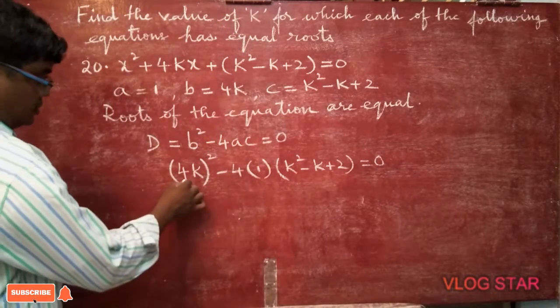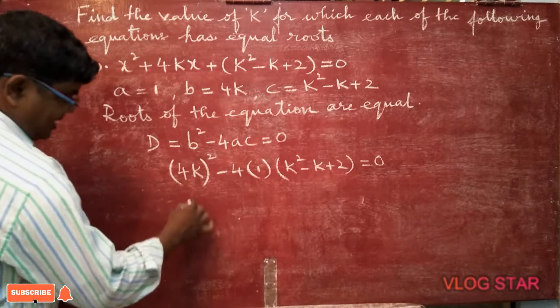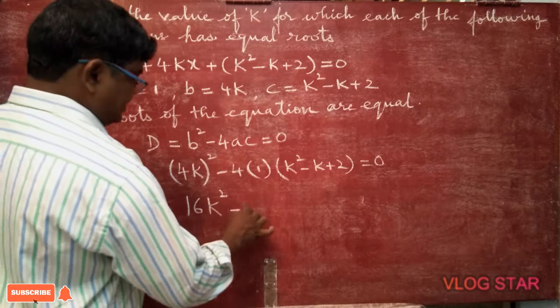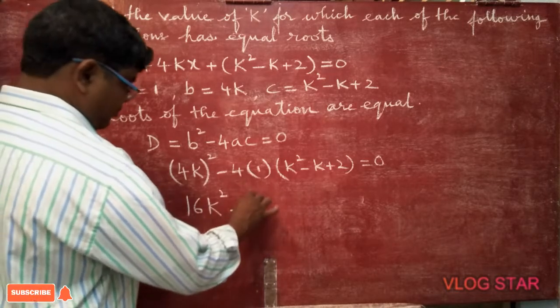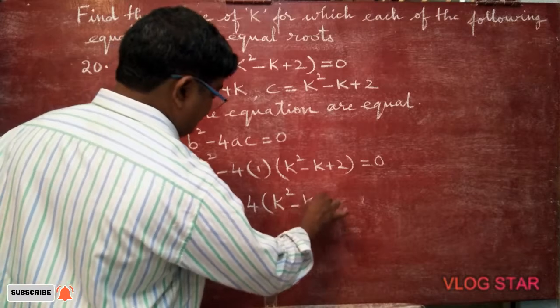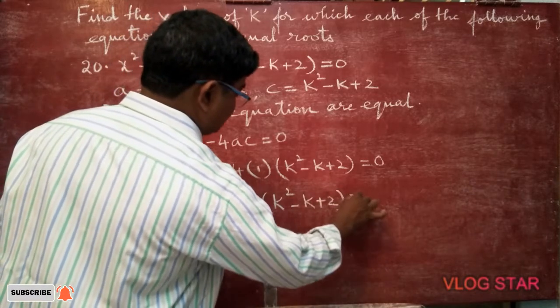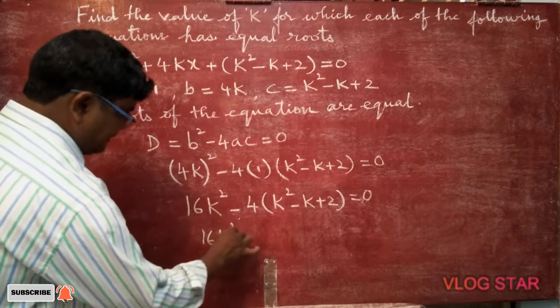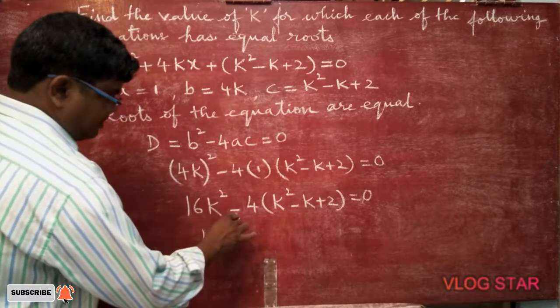Now 4 4s are 16 k square. So 16k square minus, 4 ones are 4, 4 into (k square minus k plus 2) is equal to 0. Now 16k square minus, because why minus?